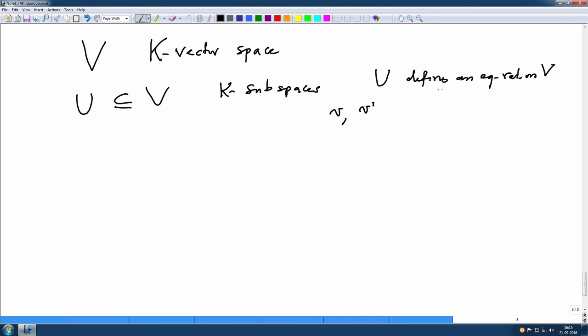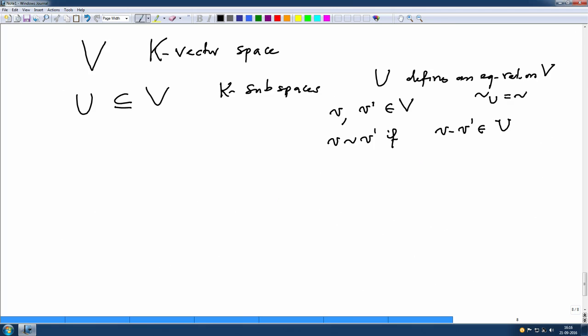The notation for the equivalence relation defined by U is tilde suffix U. I will fix U, so I will just write this as tilde. The definition of tilde: for V, V prime in V, we say that V is related to V prime if, by definition, V minus V prime belongs to U.